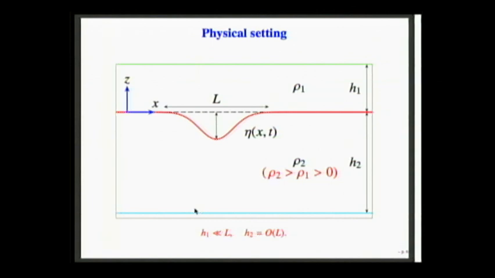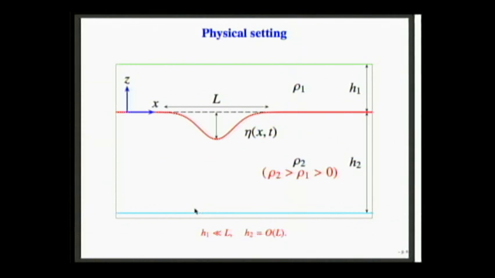On the other hand, in the lower layer, I assume that the depth is comparable with the characteristic wavelength, which configures an intermediate regime, the so-called intermediate regime, to distinguish it from the deep water regime in which the second layer is infinite, which leads to the very well-known Benjamin-Ono equation. So this is a different situation, the so-called intermediate regime for the lower layer. For stable stratification, of course, the lower layer has the greater density.